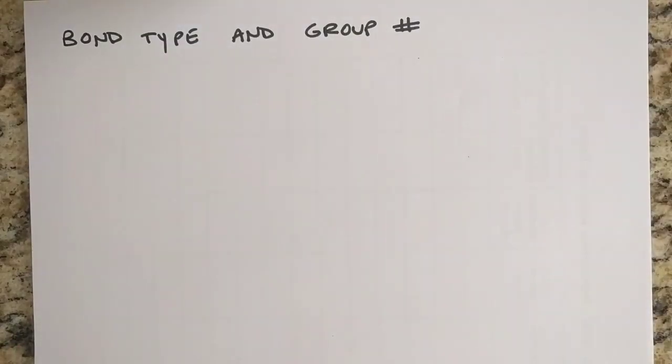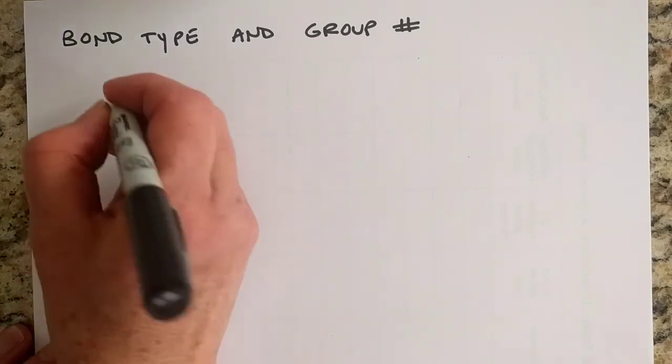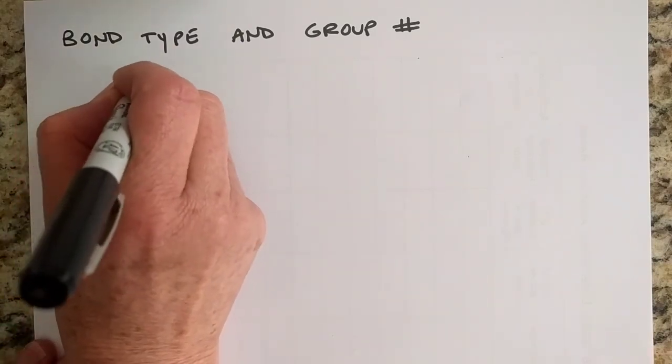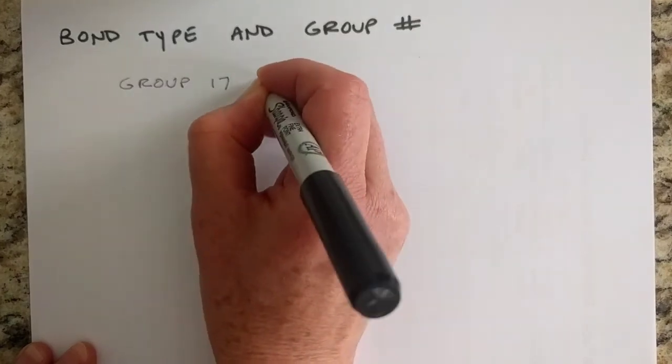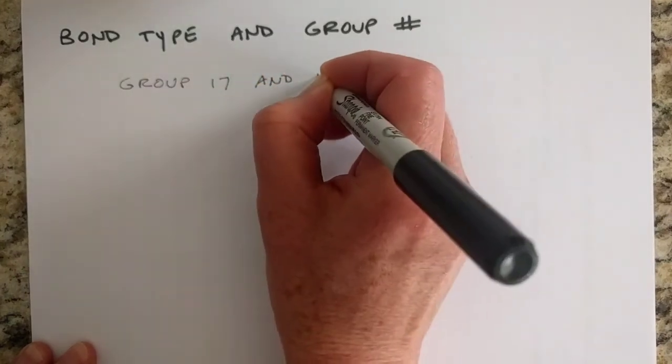Okay, so now we're going to look at the relationship between the bond type and the group number. So this is why it is good to have your periodic table. All right. So we're going to start out with looking at group 17, and we're going to include hydrogen.